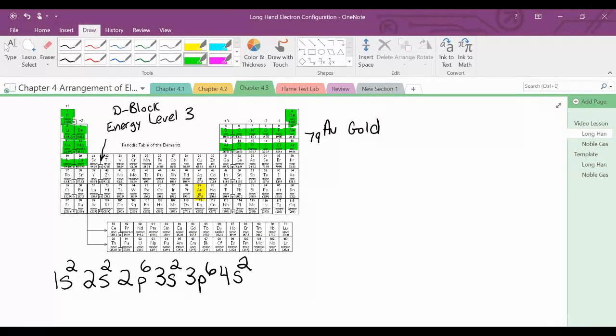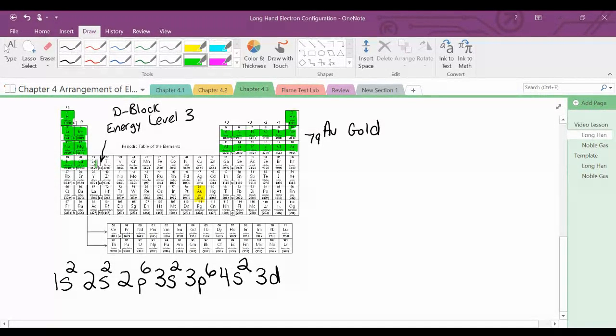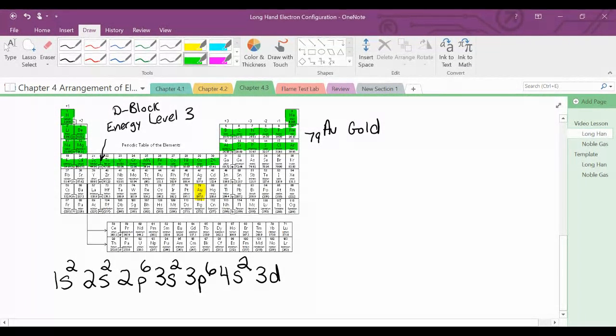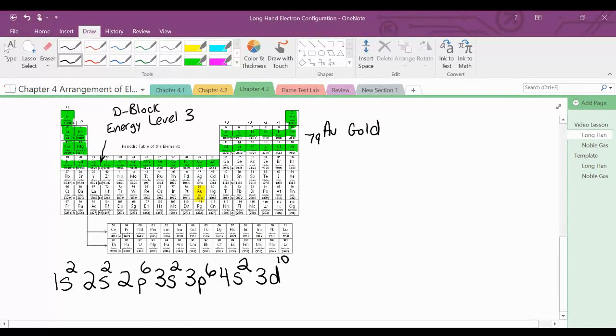And so we're at 3d. The D sublevel can hold 10 electrons. And so if you count across 1, 2, 3, 4, 5, 6, 7, 8, 9, 10. 3d10.